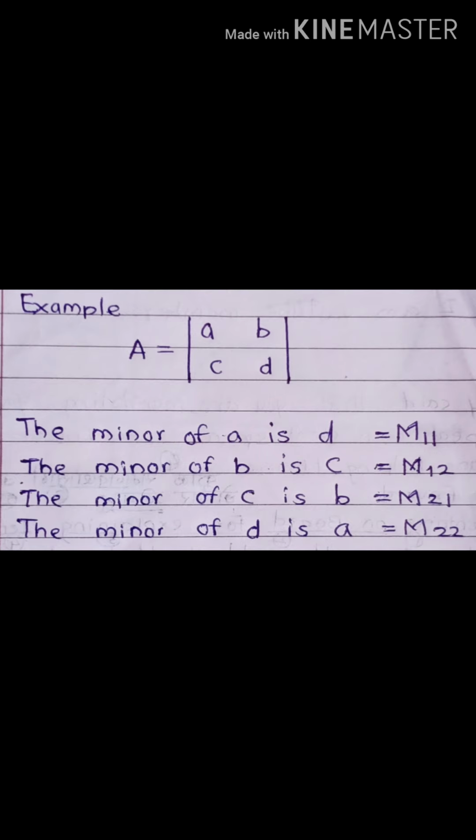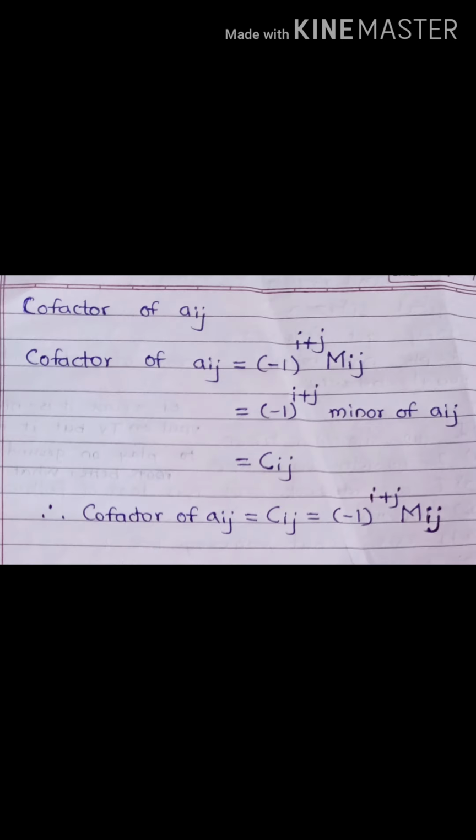Similarly, the minor of C is B, that is M21. Now for the last element D, the minor of D is A, that is, hiding D means we hide the second row and second column. You will get A, which is M22.